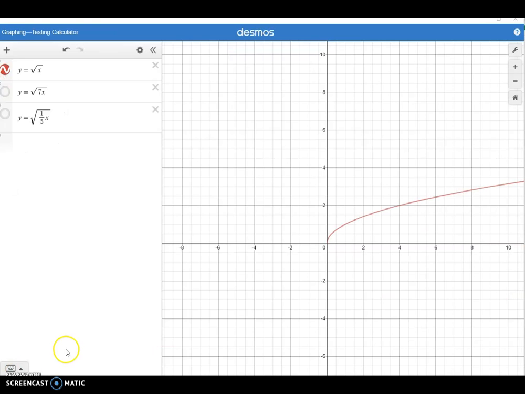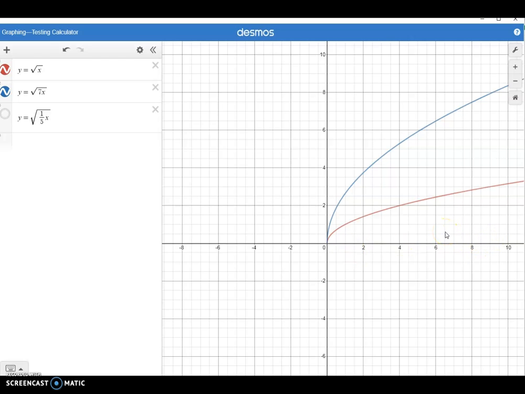All right, now graphically, let's go ahead and show this. Again, the red graph is your parent function. And what happens if I put a number and multiply it inside the parentheses, a number that is bigger than 1? What happens is it is horizontally compressing it.